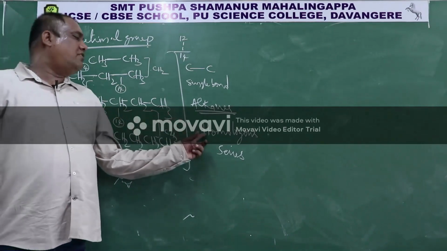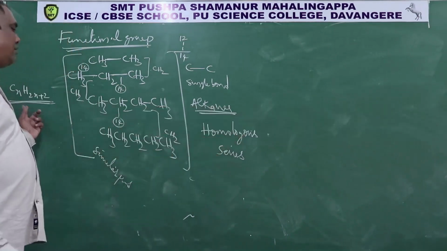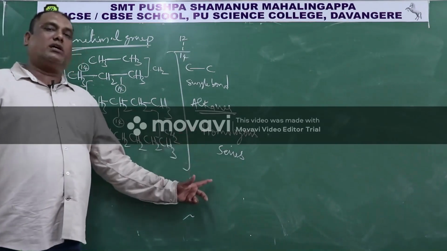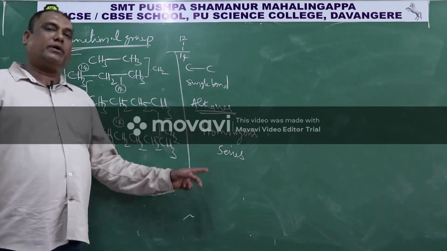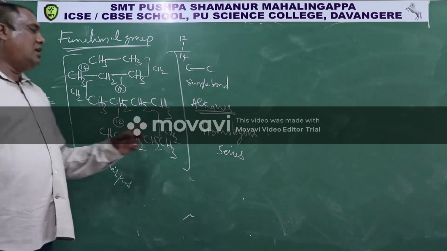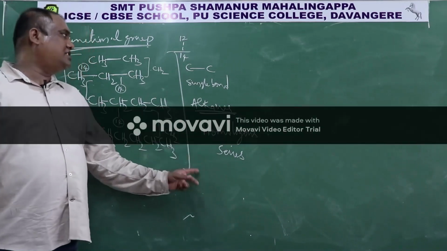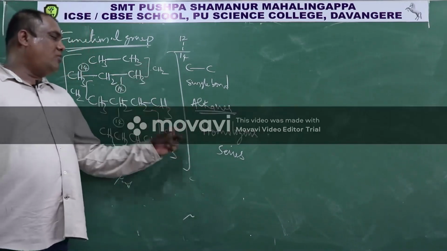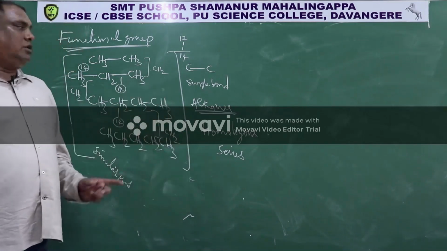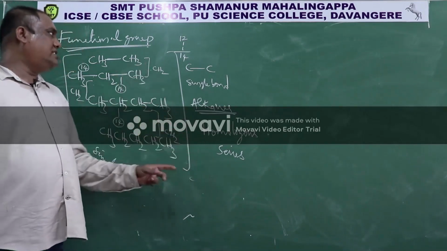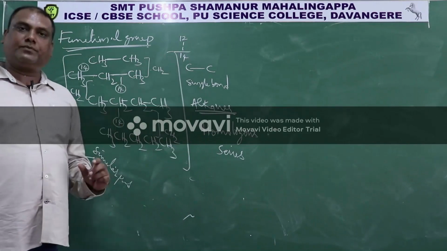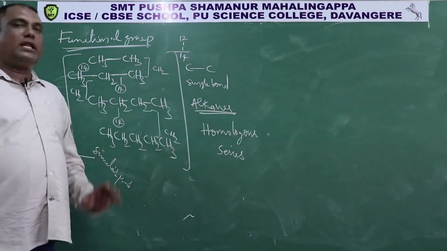So all the members of a homologous series are represented by a general formula, have similar chemical properties and similar structure. Two successive members differ by CH2, that is, by 14 in molecular weight, and they have the same chemical properties.